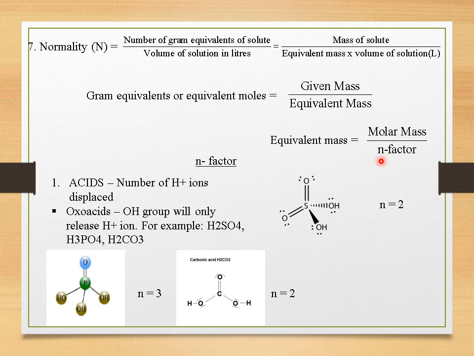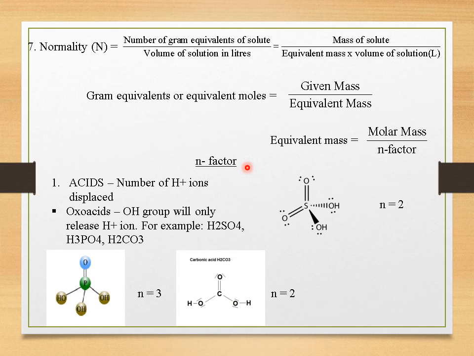Now what is this n factor? The n factor is a factor whose value is dependent upon the kind of solution whose concentration you're trying to find out. In normality, whenever we make normal solutions, so normality means making normal solutions, just as molarity means making molar solutions.